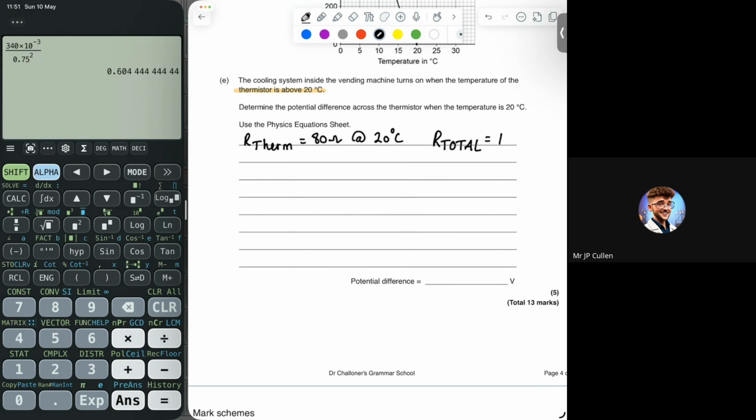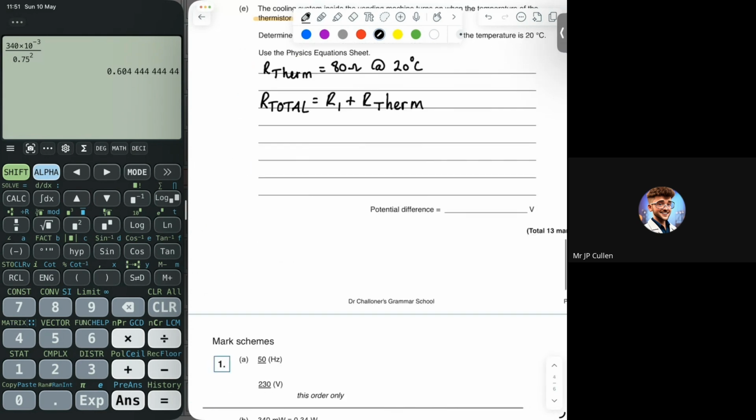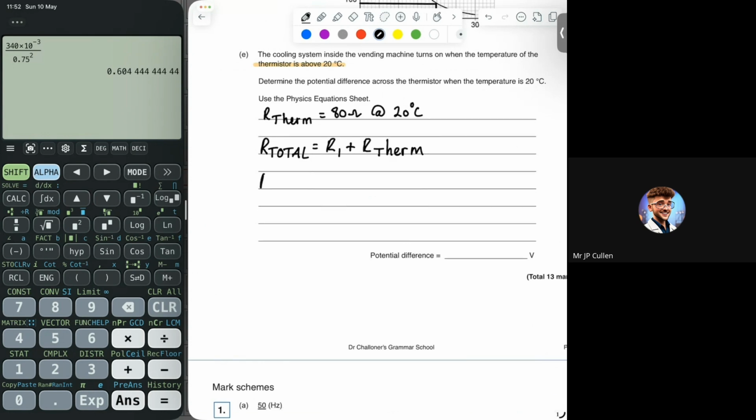So we just need to go R1 plus the resistance of the thermistor. You just sum up the resistances. And that gives us a value of, well, I don't need to write these values down for you because we've written them here. So it's 400 plus 80. So the total resistance in the circuit is 480 ohms.